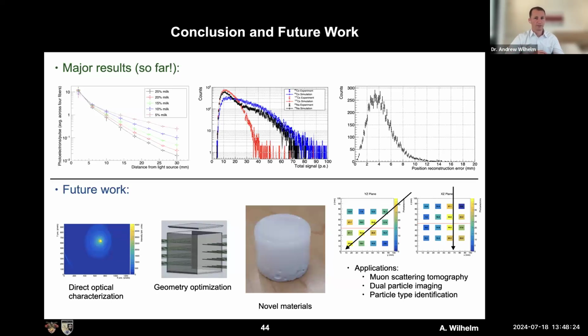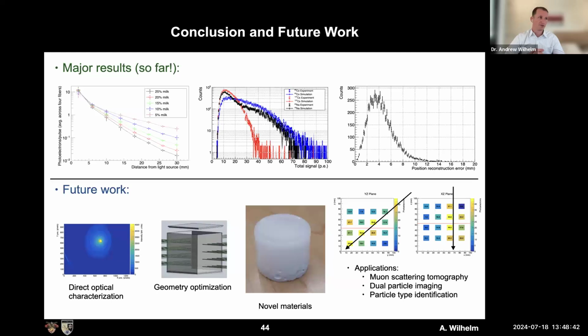So we think that we could potentially improve upon existing muon scattering tomography detectors and provide better position resolution for better tomographic resolution. Dual particle imaging is something that we're interested in investigating.